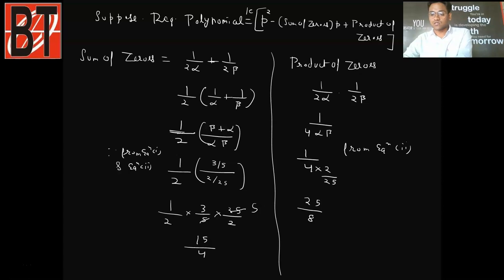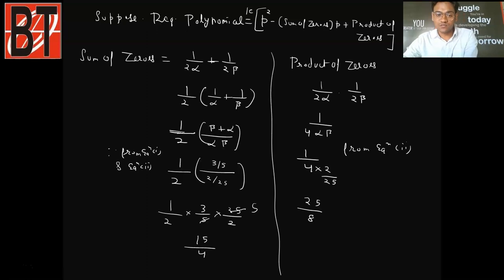Now it's time to write the final polynomial. The required polynomial is k into p square minus sum of zeros, which I calculated as 15 by 4, into p. Why am I writing p? Clear, students?